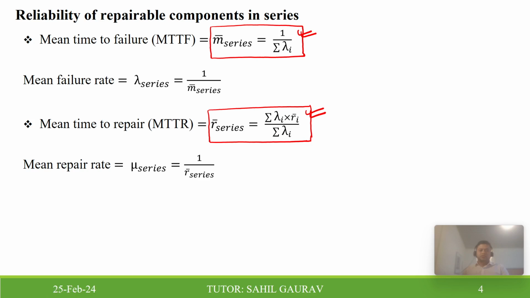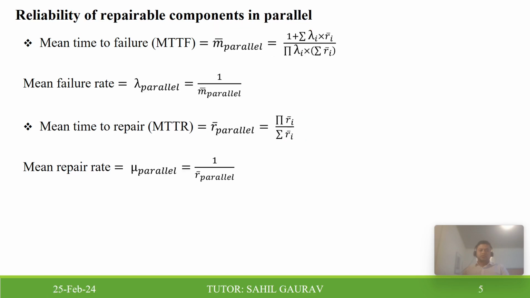Now let us see the reliability of repairable components connected in parallel. The mean time to failure for the components connected in parallel will be given by this expression, if the values of failure rate and repair rate are given for each component.